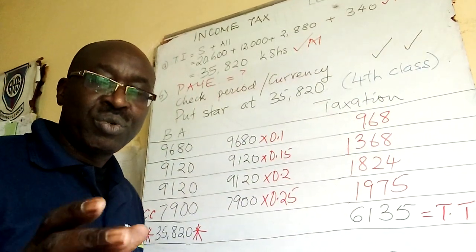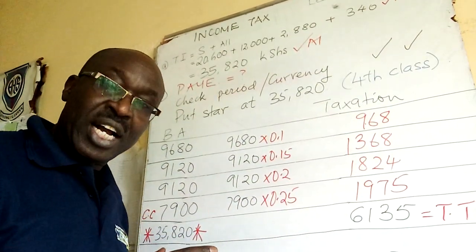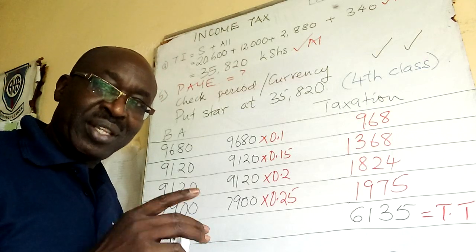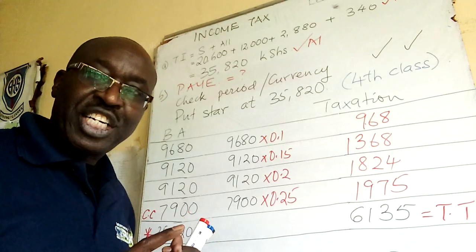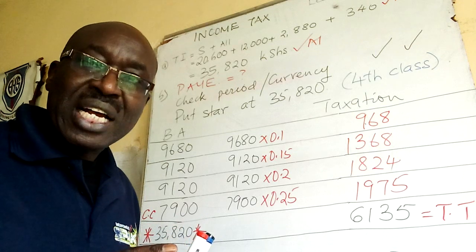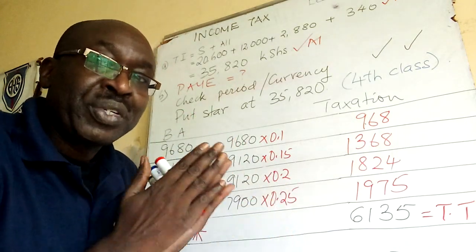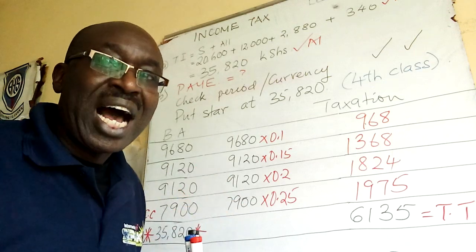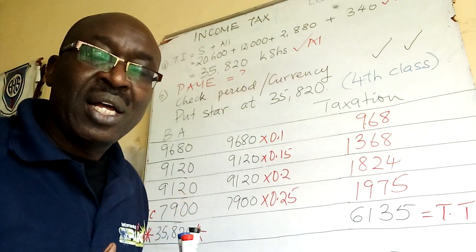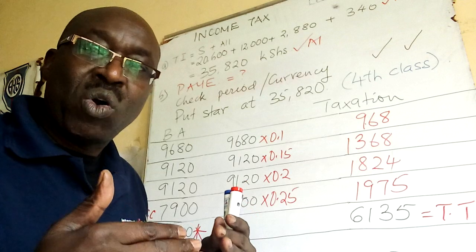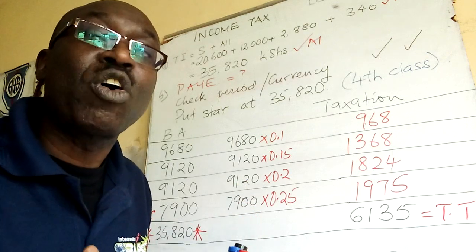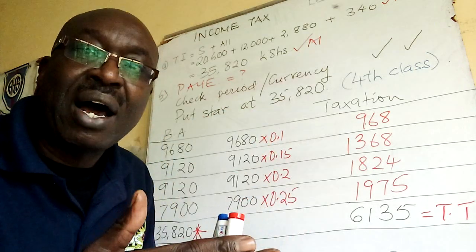I want you to do this again. The first lesson dealt with taxable income coming from salary alone. Second lesson has dealt with taxable income coming from salary and allowances.